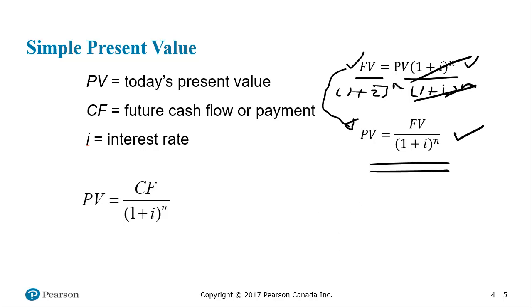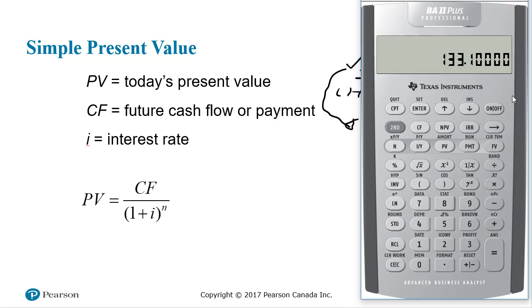Bringing up the calculator again, if we have that 133.10 at the end of 3 years, if we divide by 1.1, that's the payment at the end of 2 years, divide by 1.1 again, we're at $110. That's at the end of 1 year. And if we divide by 1.1 again, then we're back to our $100 at the beginning of the 3 years.